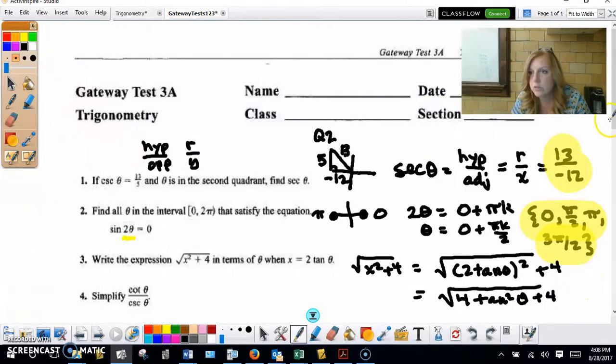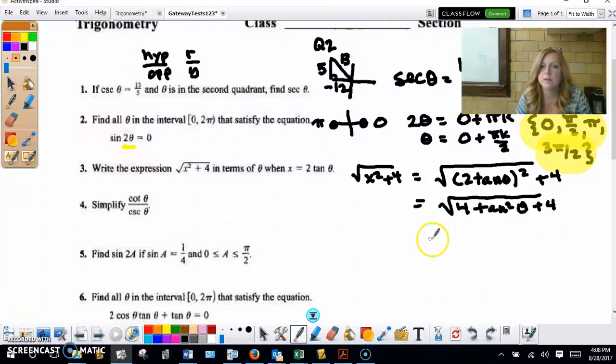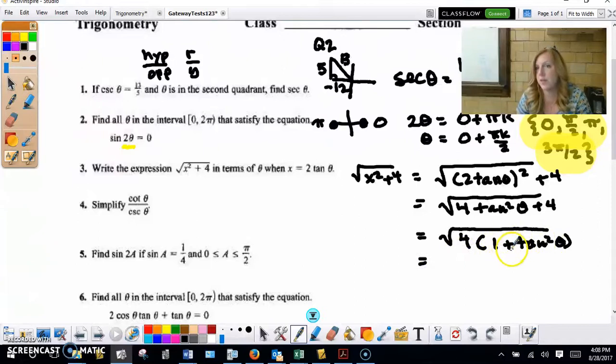Let me give myself a little bit more room here. I'm going to factor a 4 out. This is just some algebra simplification at this point. 1 plus tangent squared theta, because what I'm doing is revealing that this is a Pythagorean identity. So 1 plus tangent squared theta is actually secant squared theta.